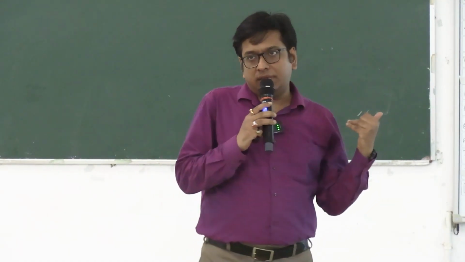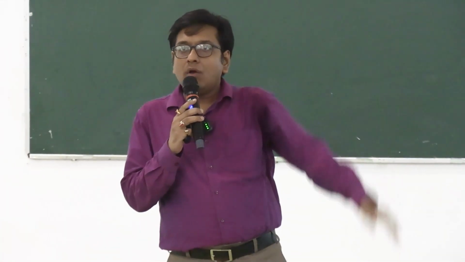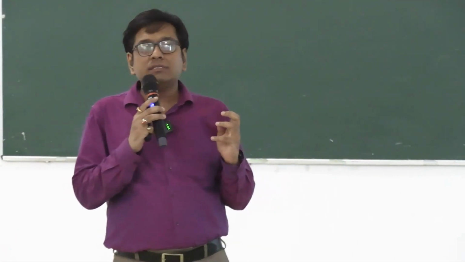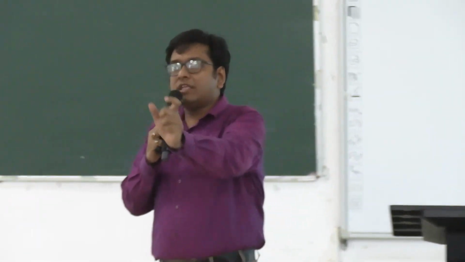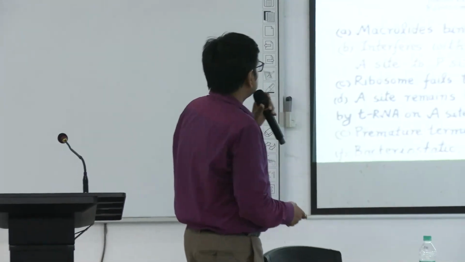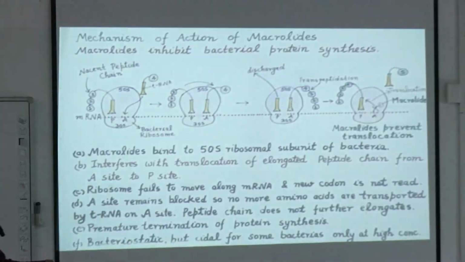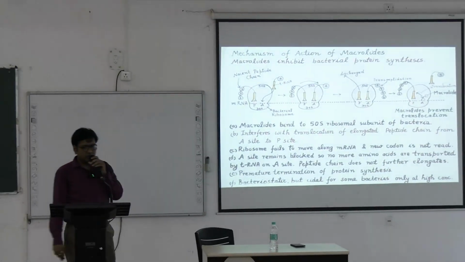And erythromycin, which is the first antibiotic in this group, is a typical alternative to penicillin, because like penicillin, it is also largely effective against gram-positive bacteria. So this is the first point. So one is that it is bacteriostatic. The second important point to remember is that the prototype antibiotic in this group, erythromycin, largely acts against gram-positive bacteria.